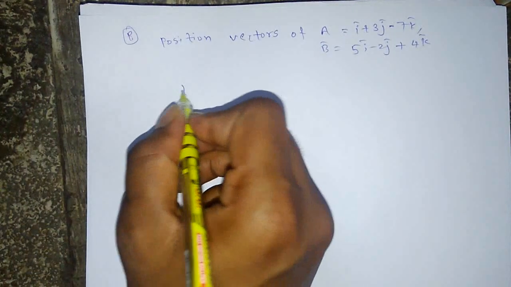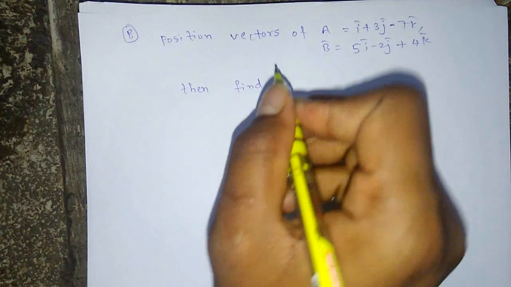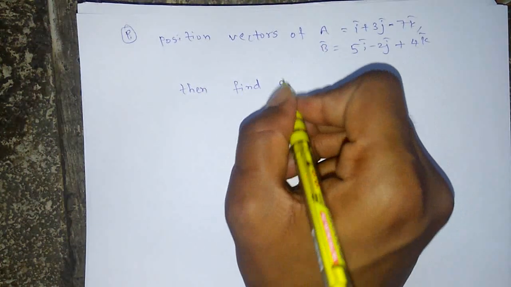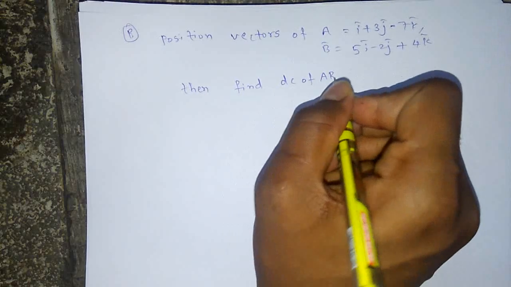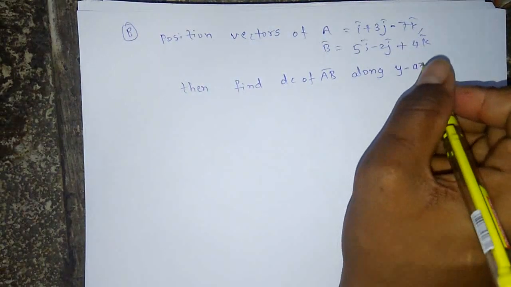Then find the DC of AB bar along y-axis.